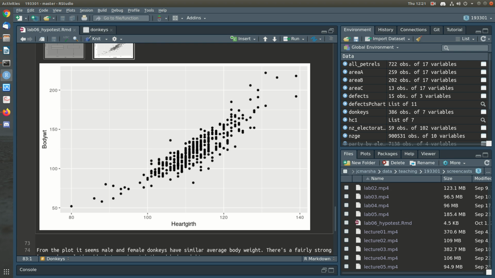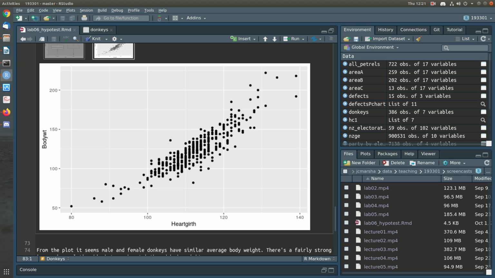So as you changed from low heart girth to high heart girth, you'd expect the body weight to stay the same. Right? So what you'd expect is just scatter all the way across and no evidence of trend. Okay?